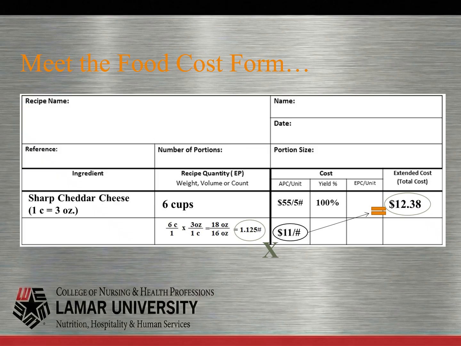Then we have the cost is 55 by 5 pounds becomes $11 per pound. Then we have our extended cost, the final answer, $12.38. Using this form prevents us from skipping any steps.